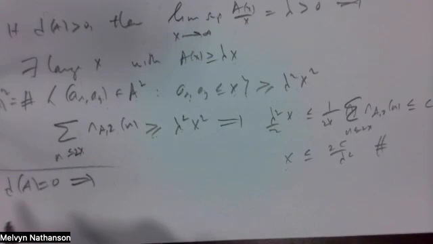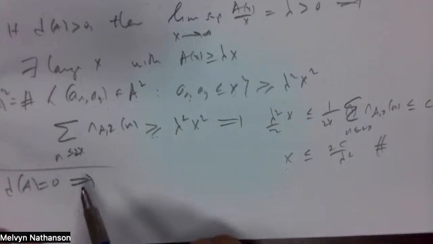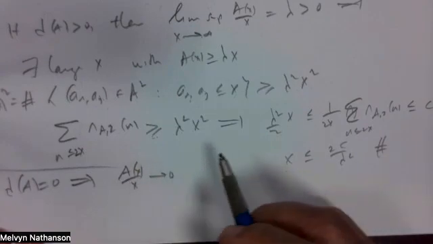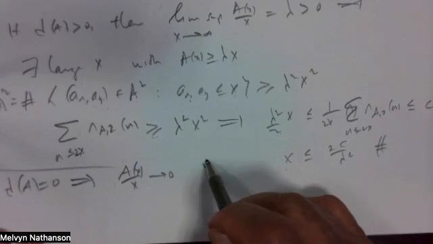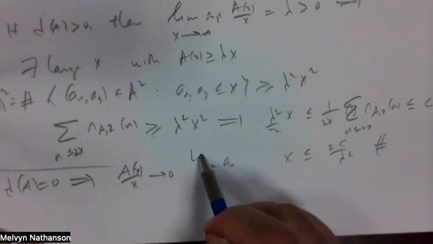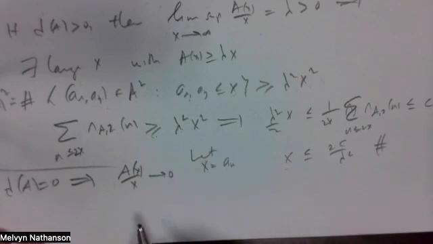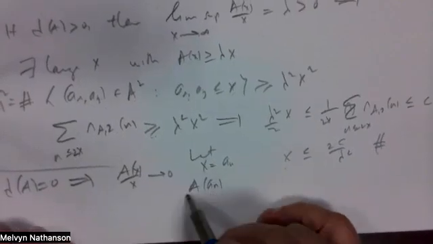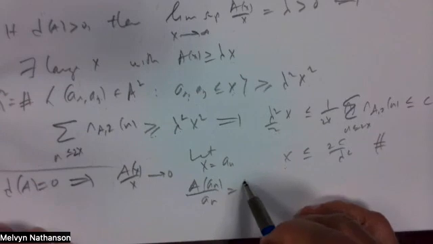And if the density of A is zero, this means A of X over X goes to zero. Suppose I let X equal a sub n. Maybe this is a sneaky way to get what I want. Then A of a sub n over a sub n is n over a sub n, because this is the counting function.